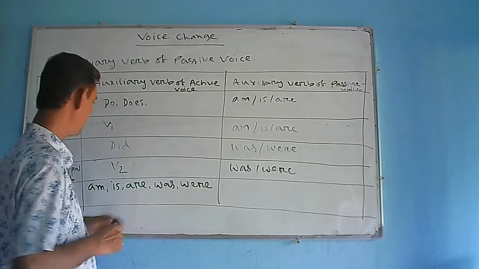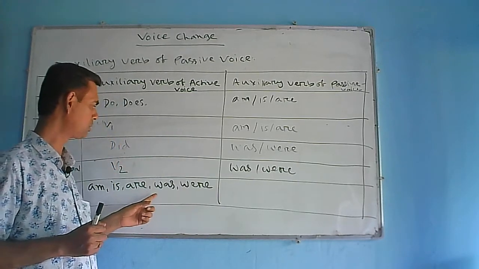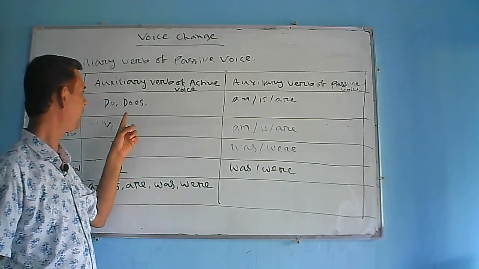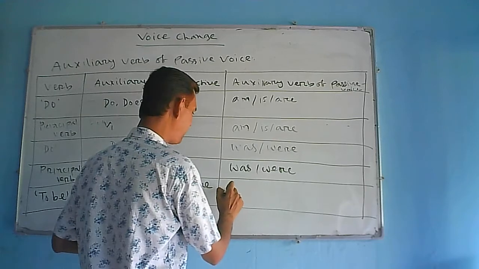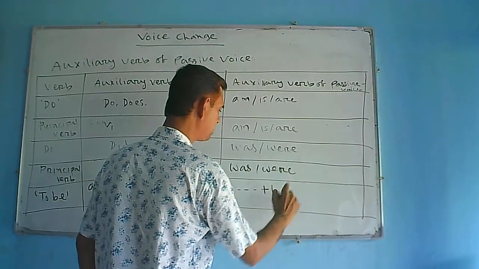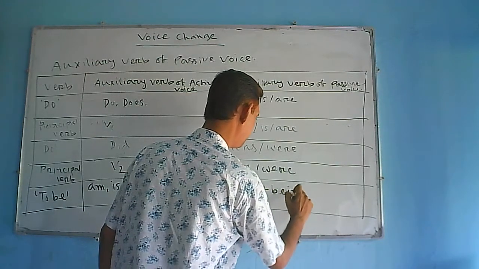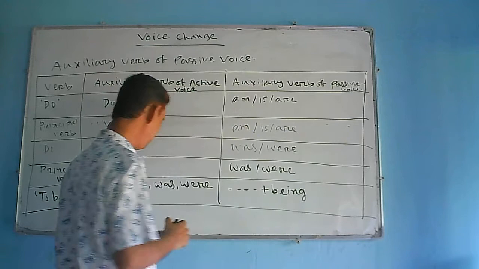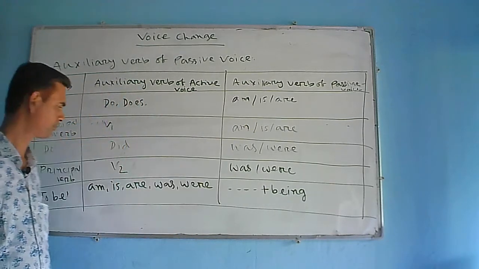So, if they remain am, is, are, was, or were in an active voice, after this auxiliary verb, being will be used in the passive voice. Okay, understand everybody?